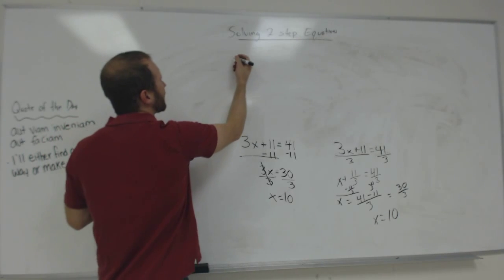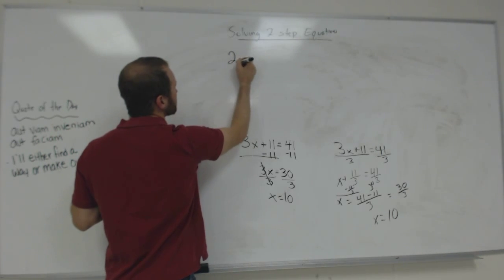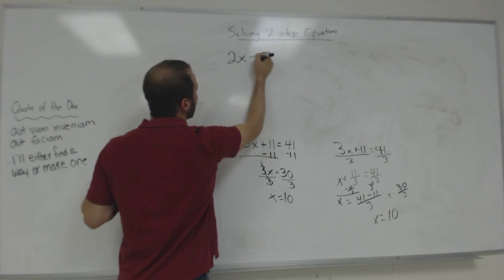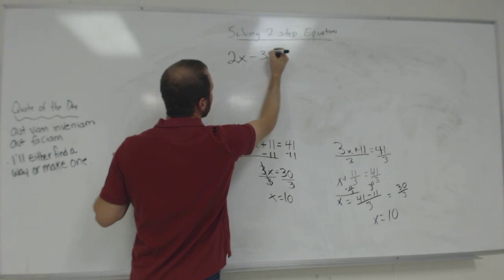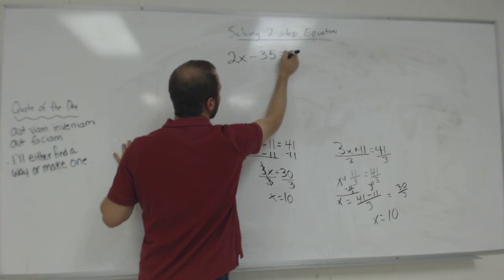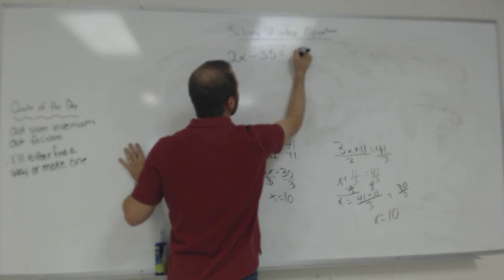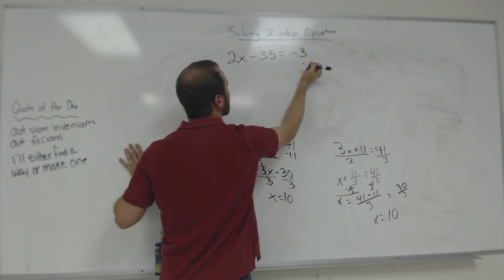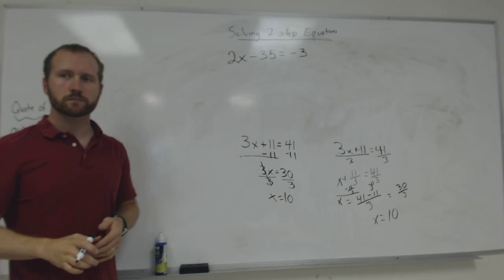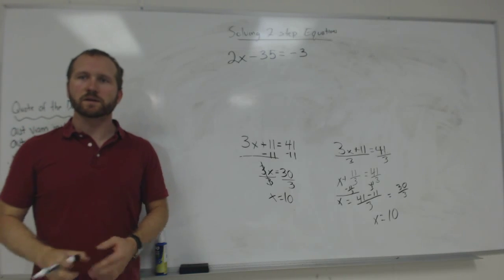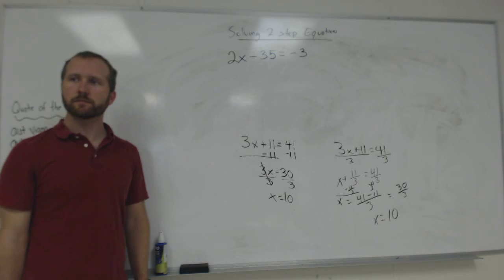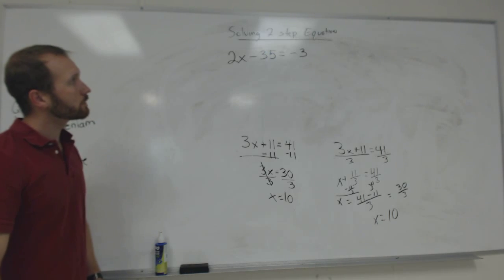Alright, let's say I had something like this. 2x minus 35 equals negative 3. What's our first step? Yeah.